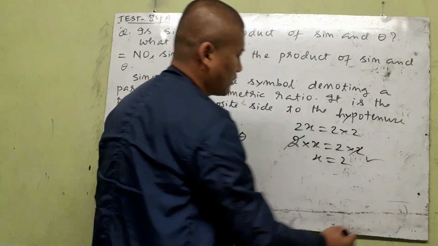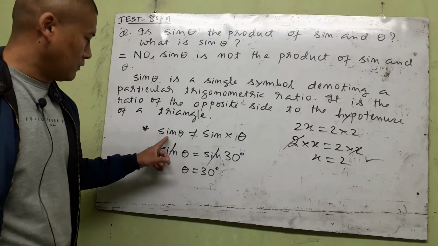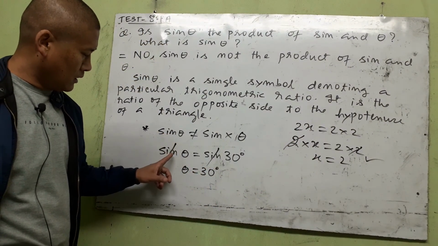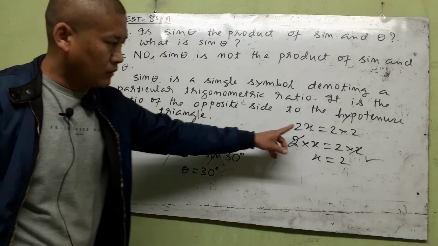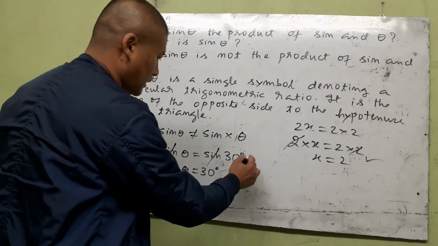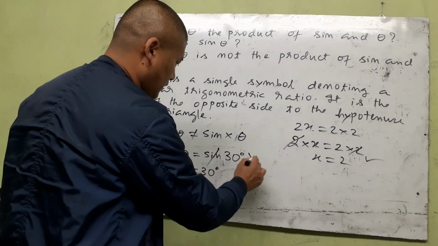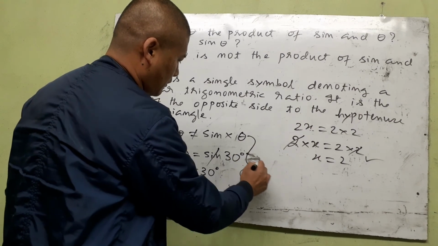This is correct because 2x is the product of 2 and x. But when we apply that to this here, sine theta, cancel like this, it's wrong because sine and theta are not multiplied like 2 and x are multiplied here. So this is actually not the right way to do it. Okay, this whole thing is not the right way to operate it.